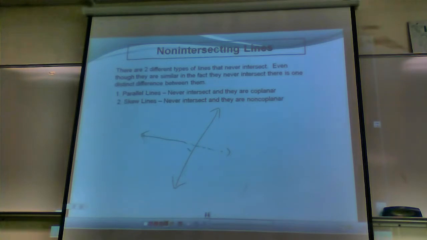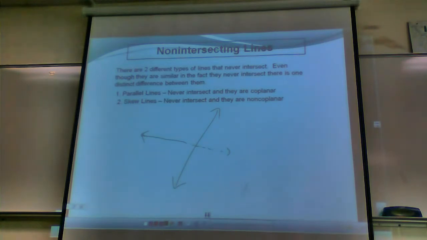All right, so they're not going the same direction. And again, I don't want you to use that in the definition. That's more of an identification thing. But if you see something dashed, or if they put it on a box, which gets used a lot for your test, as long as they don't actually cross, like one goes underneath the other, or one goes into the room behind us while the other one's going up and down, as long as they don't touch, they're technically skew. So the dotted line means they're not intersecting.